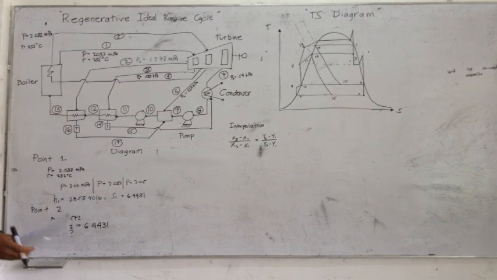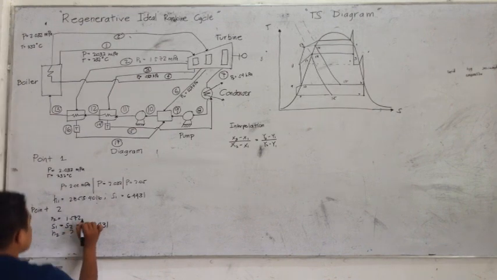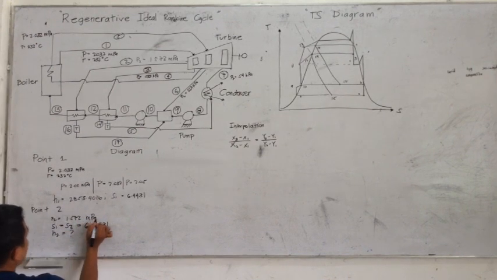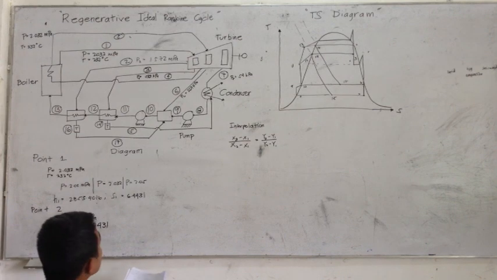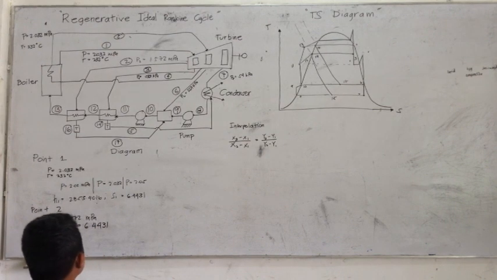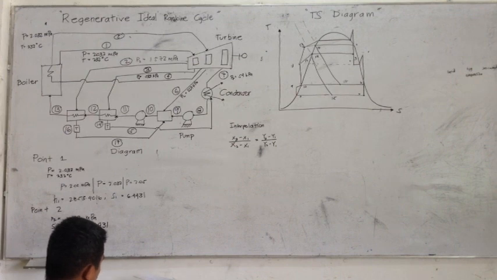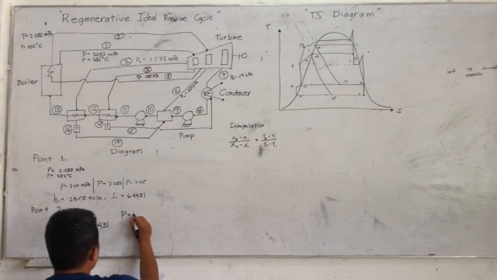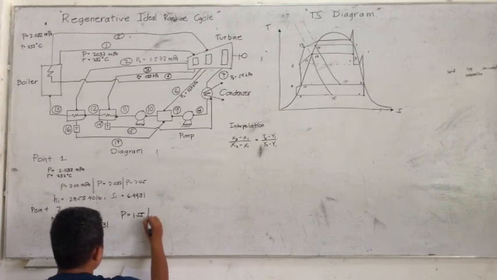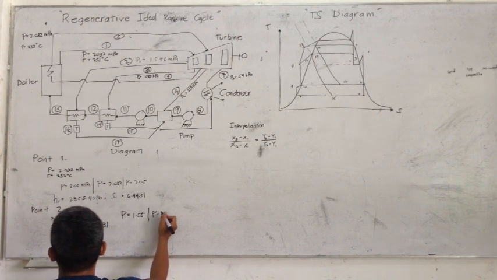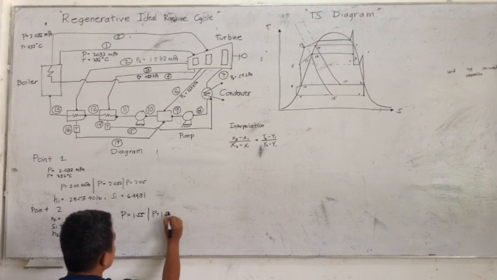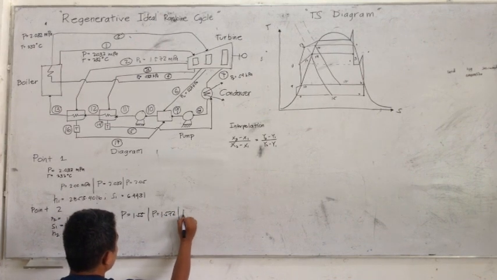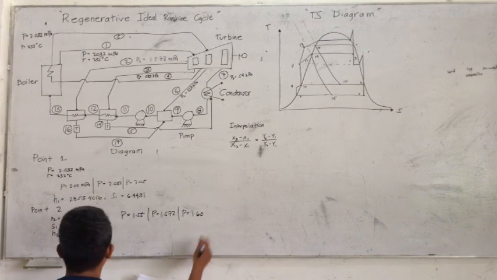Back in our steam table, pressure 1.572 is not located there, so we interpolate using three pressures: 1.55, our given pressure 1.572, and the other pressure, 1.60.